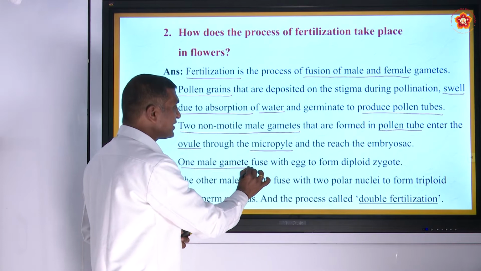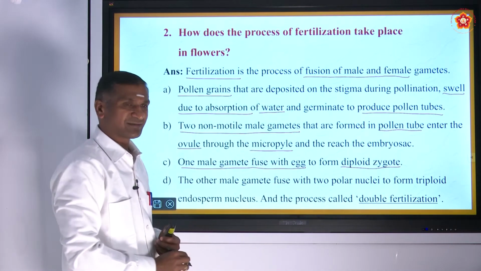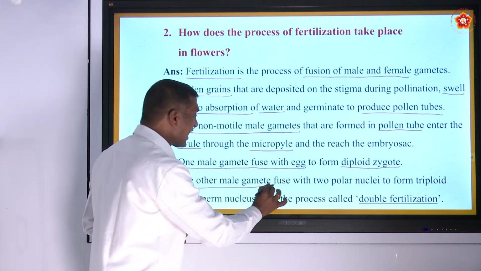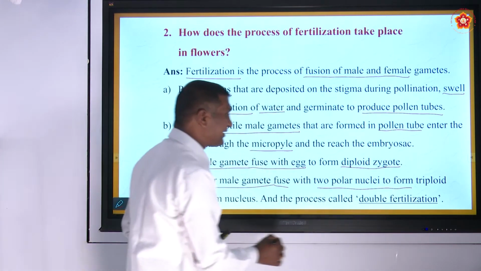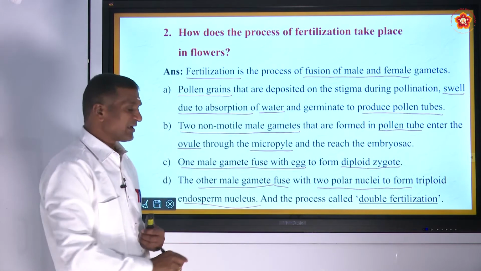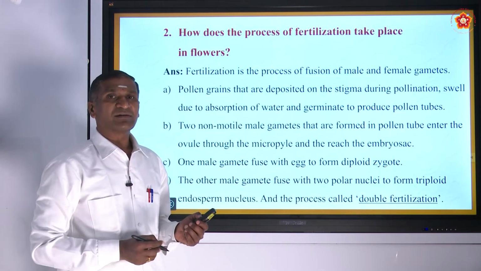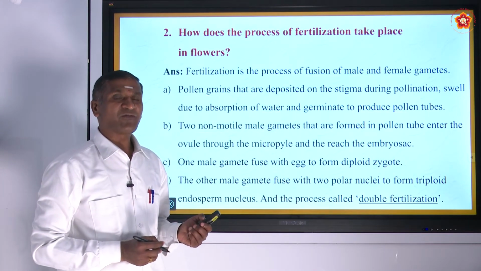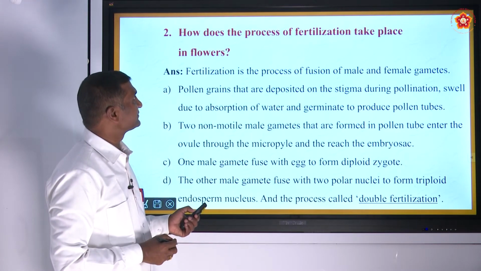One male gamete fuses to form the diploid zygote. The other male gamete fuses with two polar nuclei to form the triploid endosperm nucleus. This is the process of fertilization which takes place in flowers.